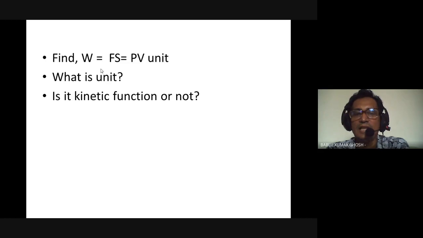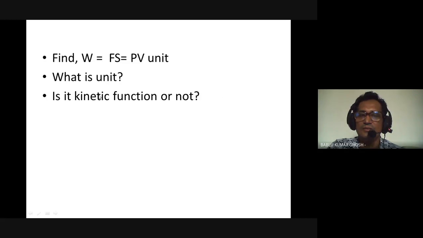So think, is it a kinetic function or not? Because you already found it is mv square. M itself is mass, v square is velocity square. So mass and velocity square are considered the kinetic form of energy. This is the dynamic phase of energy, that we do the work. Any massive body that is pushed forward actually achieves certain velocity due to continuous application of force or acceleration. That's why it gets the velocity.